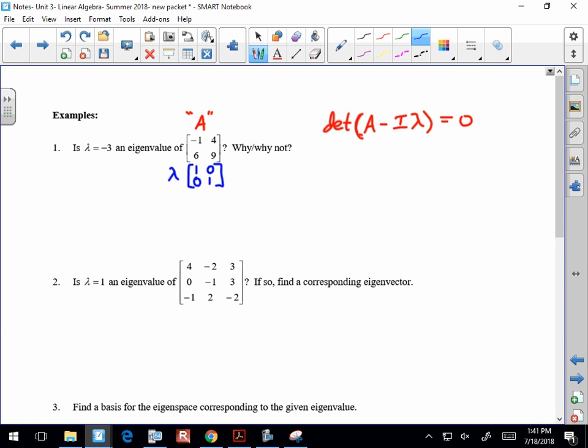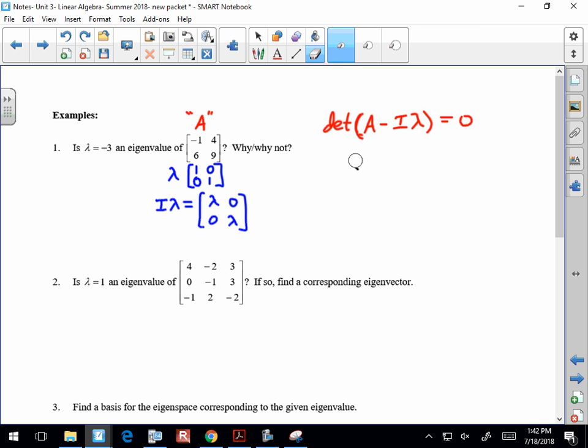So lambda I, or I lambda, doesn't matter, would be lambda 0, 0, lambda. I'll use actually just a bracket because I'm about to just do the operations anyway.